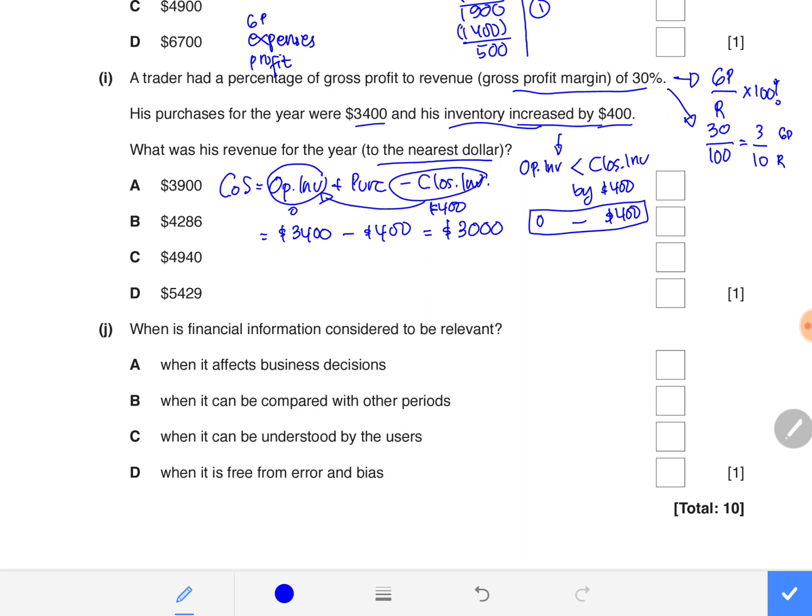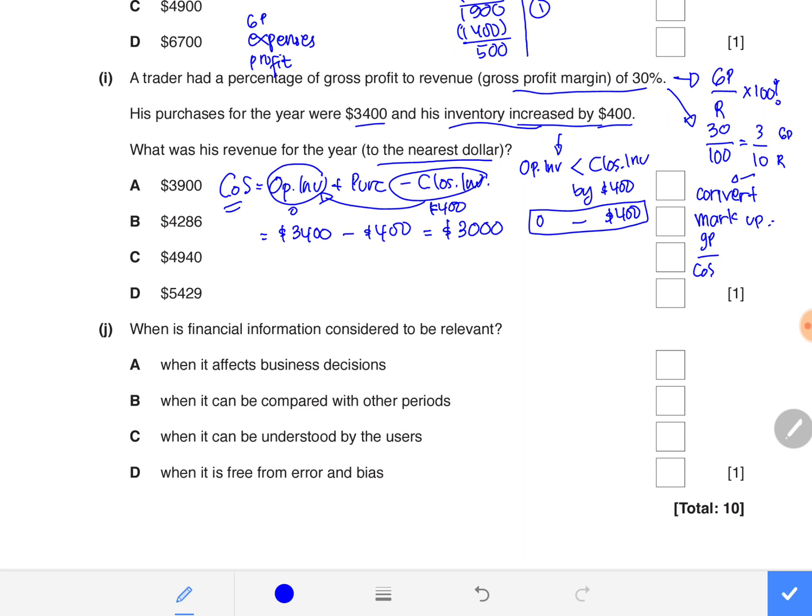3,000. You have cost of sales, but the ratio you have is gross profit margin, which is gross profit and revenue, and you don't have any information on cost of sales. So what you do now is convert to markup, because markup is gross profit over cost of sales.